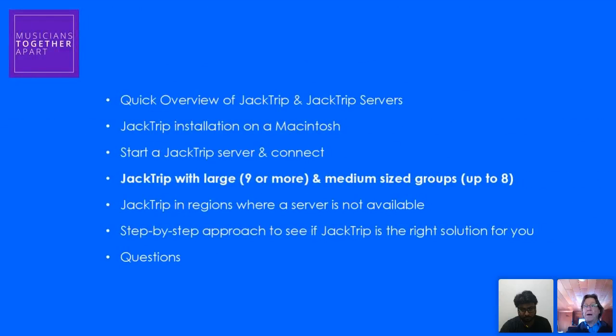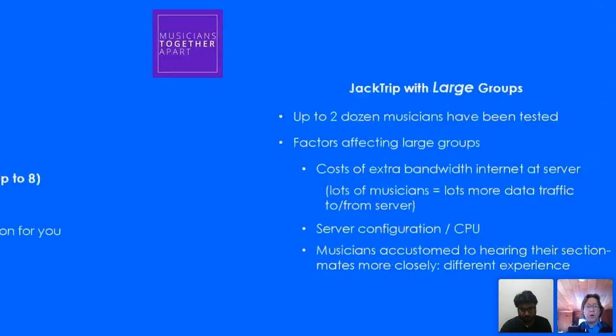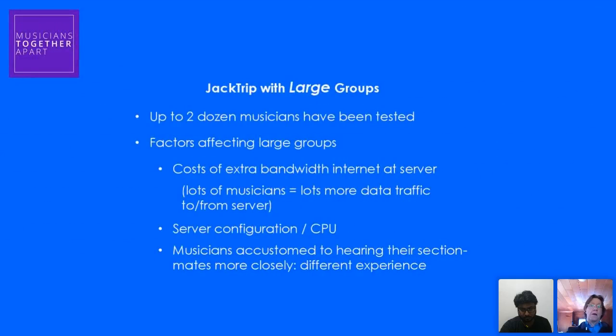Okay, now one of the things that came up last time, obviously, is how do you use JackTrip with larger groups, let's say a choir. So real quick, JackTrip is capable of up to 24 musicians approximately.